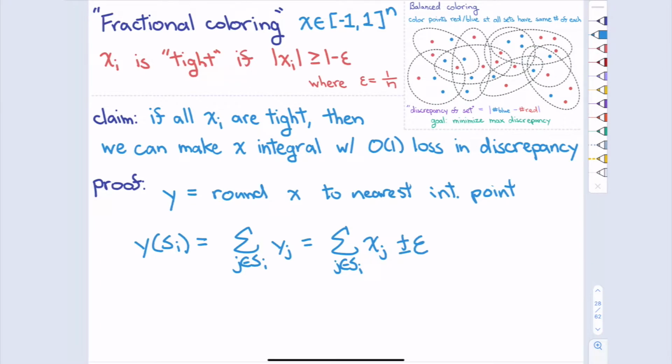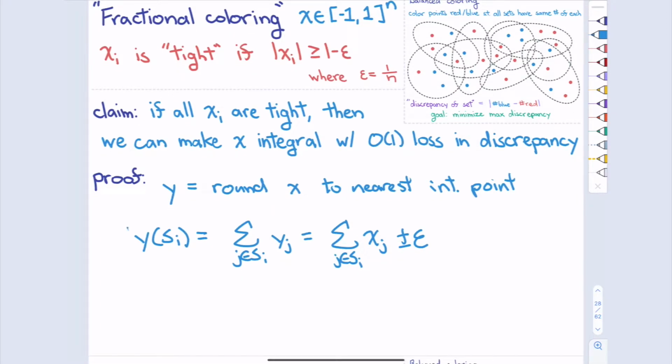So maybe each coordinate increases by epsilon or each coordinate decreases by epsilon. And there are at most n coordinates and epsilon is like 1 over n or something.